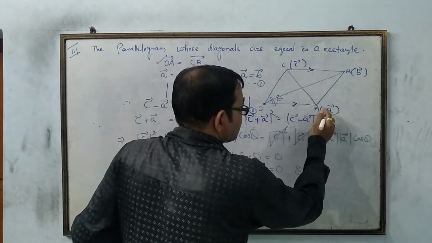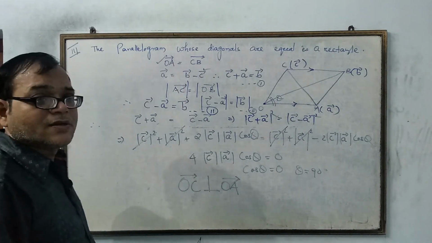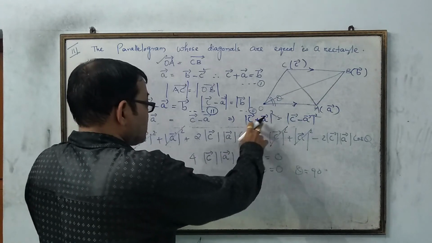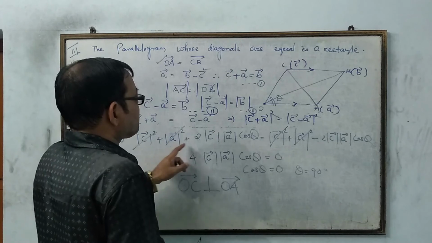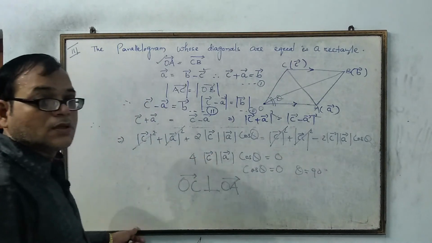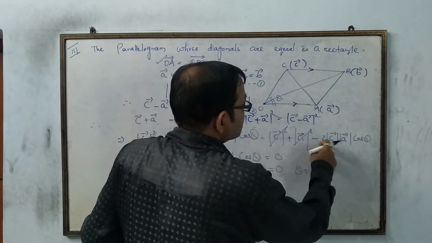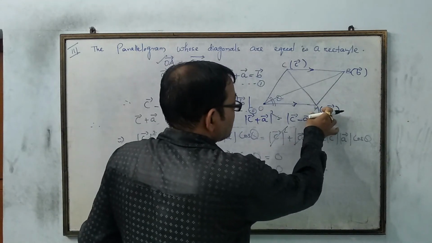Okay, I am writing here: |C plus A| squared equals |C minus A| squared. So what is the value of |C plus A| squared? It is the magnitude of C squared plus A squared plus 2CA cos theta. Similarly, here, C squared plus A squared minus 2CA cos theta. We know it from the addition of vectors.